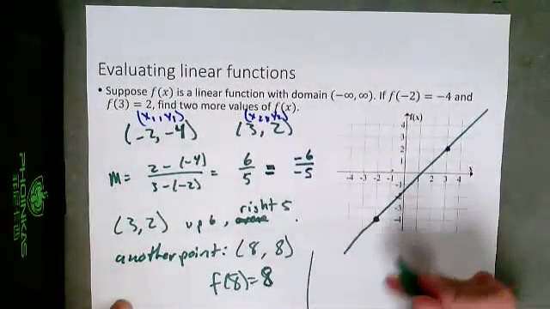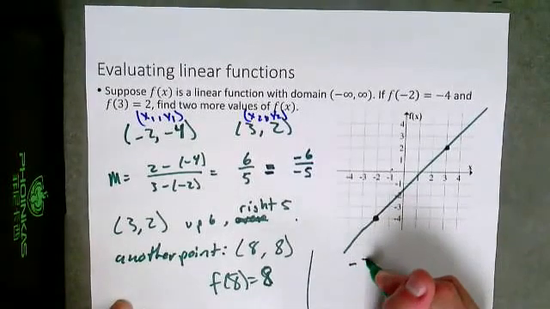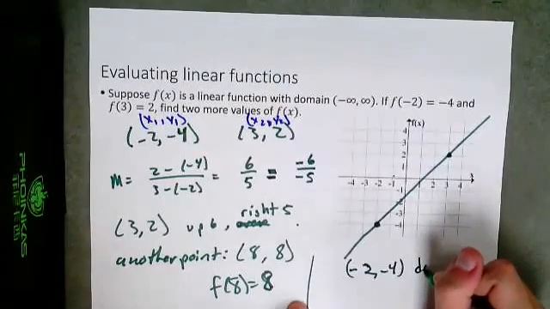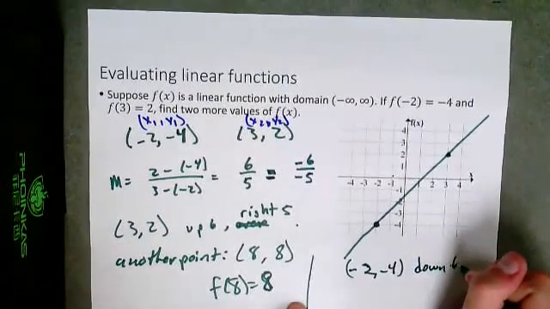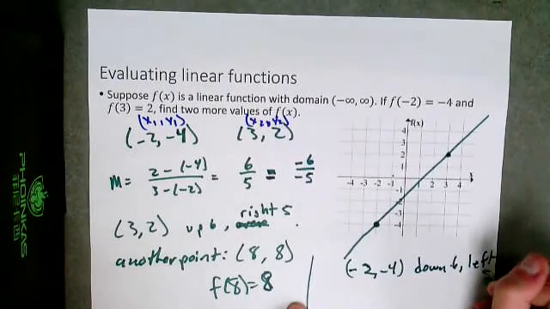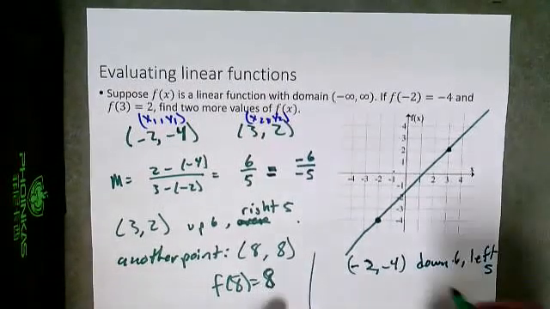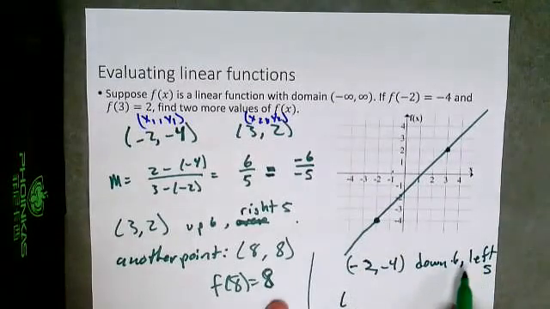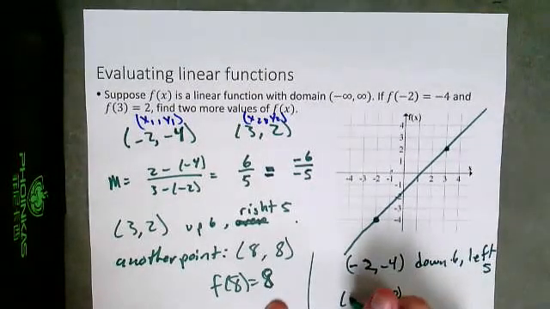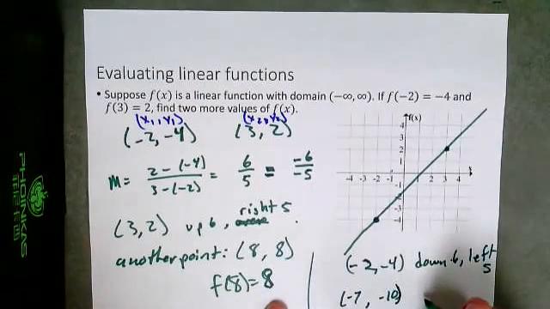So we can also say, if we look at this point, negative 2, negative 4, and then we go down 6, and then left 5, we get another point. So that would be down 6, so that would be negative 10. Left 5, that would be negative 7 for the x.